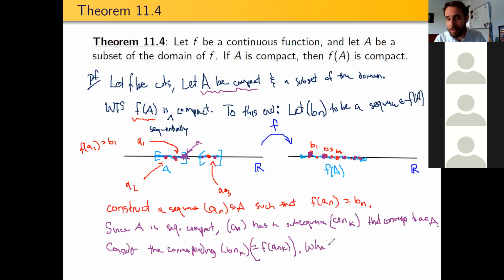Or what happens here? Well, now we get to use the one fact that we haven't used yet: that f is continuous, because we know something about continuous functions and how they interact with sequences defined in the domain, and then the corresponding sequence defined in the codomain.